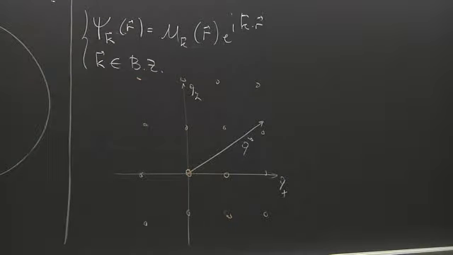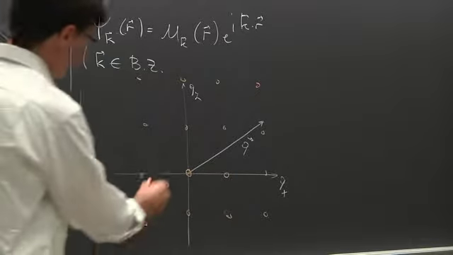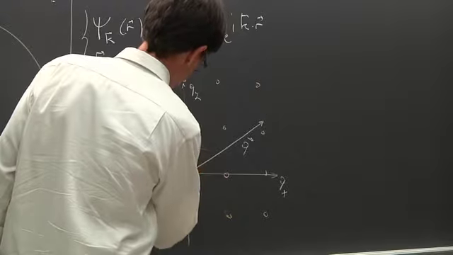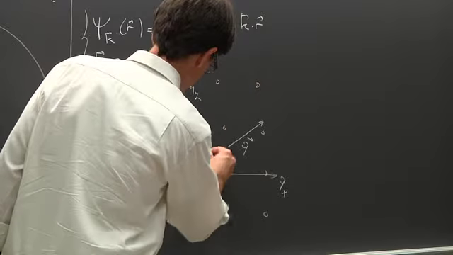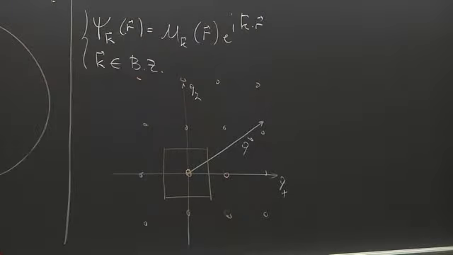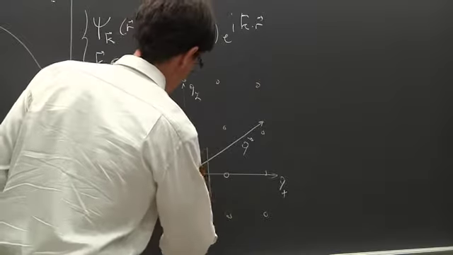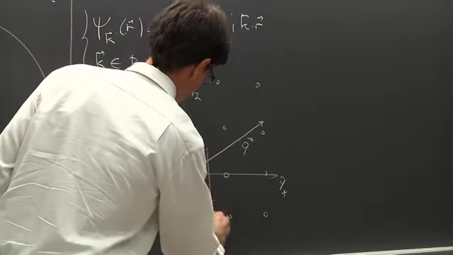These orange points are my reciprocal lattice vectors. Let me also draw the Brillouin zone. That's the Brillouin zone of a square lattice.